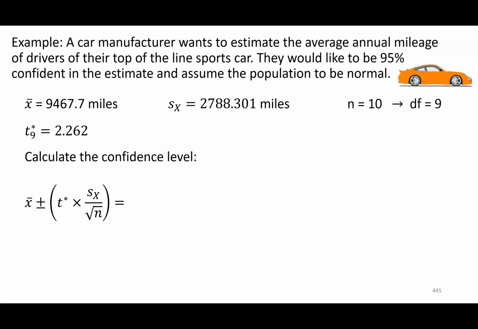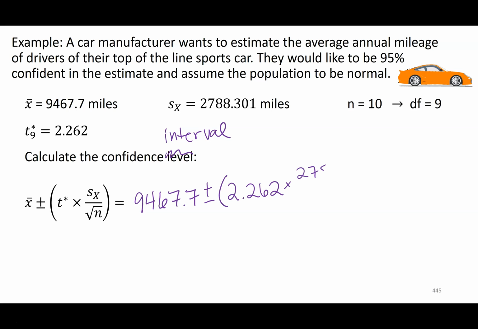So here we are. Now we want to calculate the confidence interval, not the confidence level. We already know that. So x bar, the sample mean that I saw in the sample, 9,467.7 plus or minus, and then I have my t star, so 2.262 times 2788.301 divided by the square root of 10.